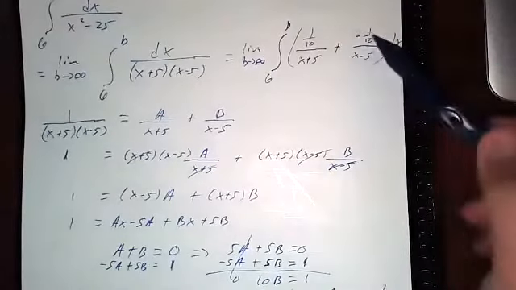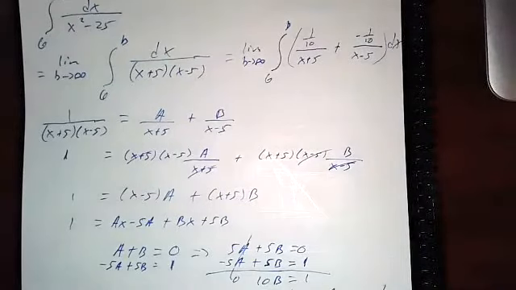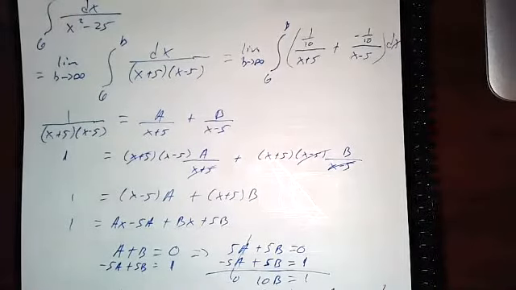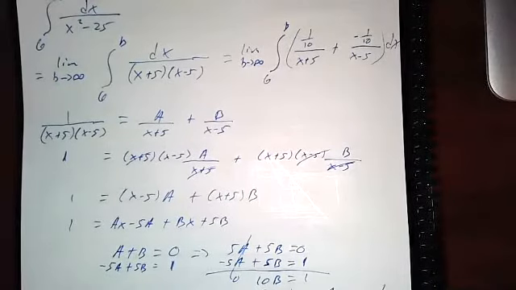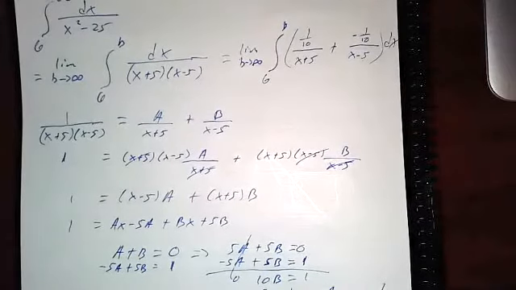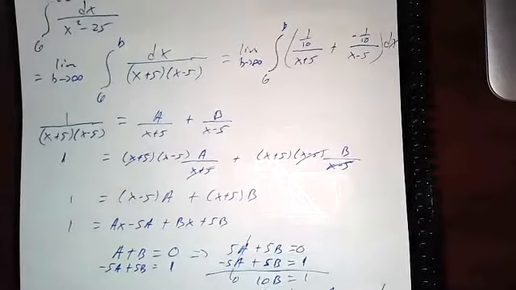I'm going to go ahead and pull out the 1/10 because that looks weird. So 1/10 will be outside over here just waiting. Now even pull it in front of the limit because you're allowed to. So now I have the limit of 1 over x plus 5 dx minus the integral from 6 to b of 1 over x minus 5 dx.